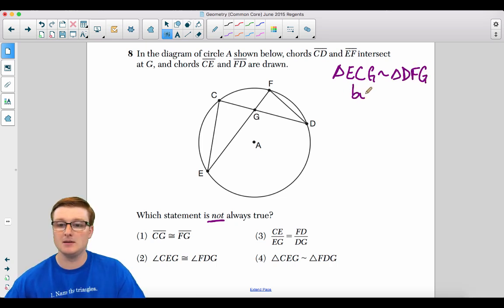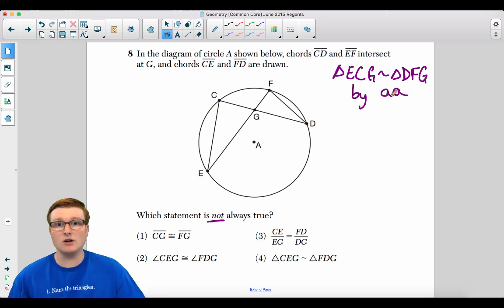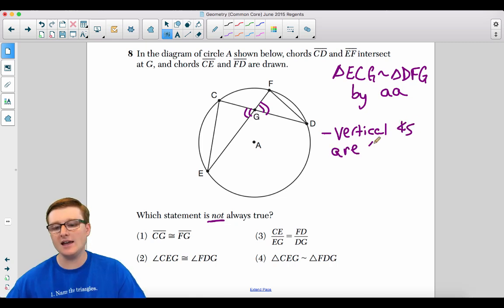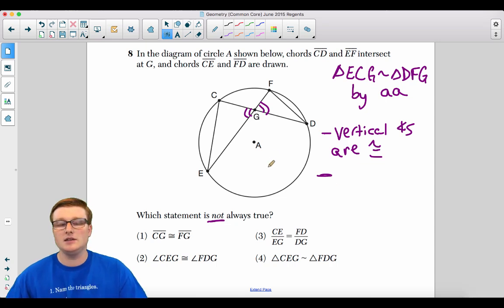How? By angle. These two triangles are similar by angle for the following reasons. 1, vertical angles are congruent. So we know for sure that the vertical angles are congruent. But we need another angle to prove these two triangles similar. Now, these two triangles are similar because this angle and this angle are inscribed.